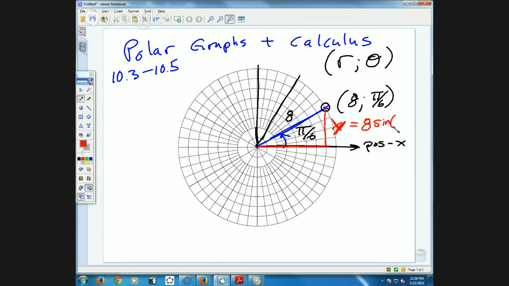And the x value is 8 cosine of pi over 6. In general, the cosine of an angle is equal to the adjacent side x over the hypotenuse r, and we're just solving that for x.